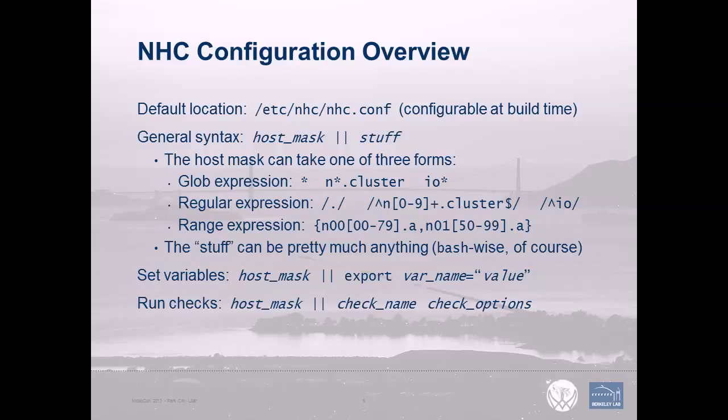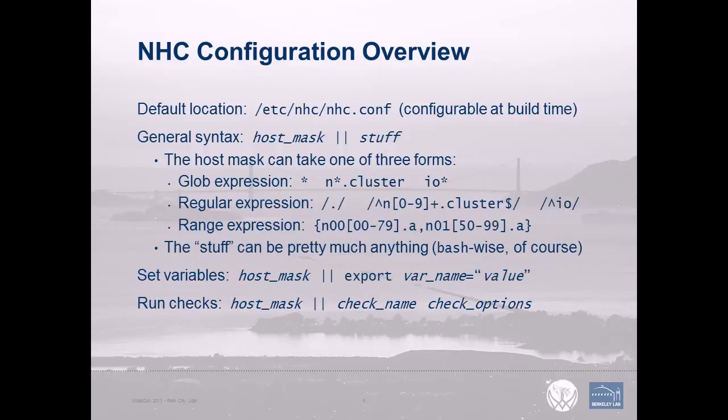We can also run checks, obviously. That's kind of what we're doing here, by specifying the check name and any options that that check requires. All of the checks that come with the tarball for the project are bash functions.